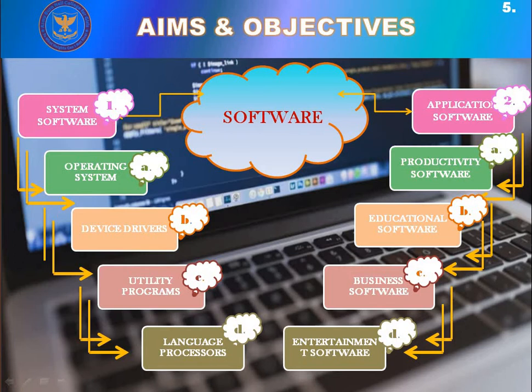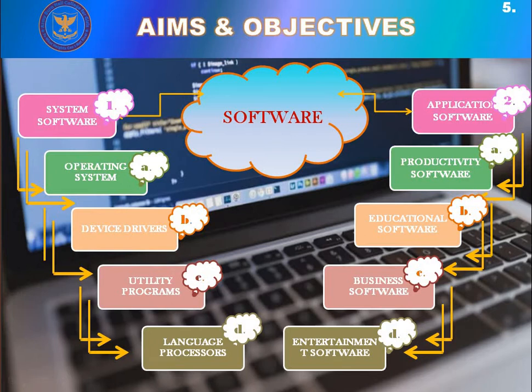So today's lecture's aim and objective is to study the first type of software. Among multiple types of software, we would initiate the discussion from the first type, that is system software. As you can see, system software is the first and main type of software, but system software is also further divided into other types.